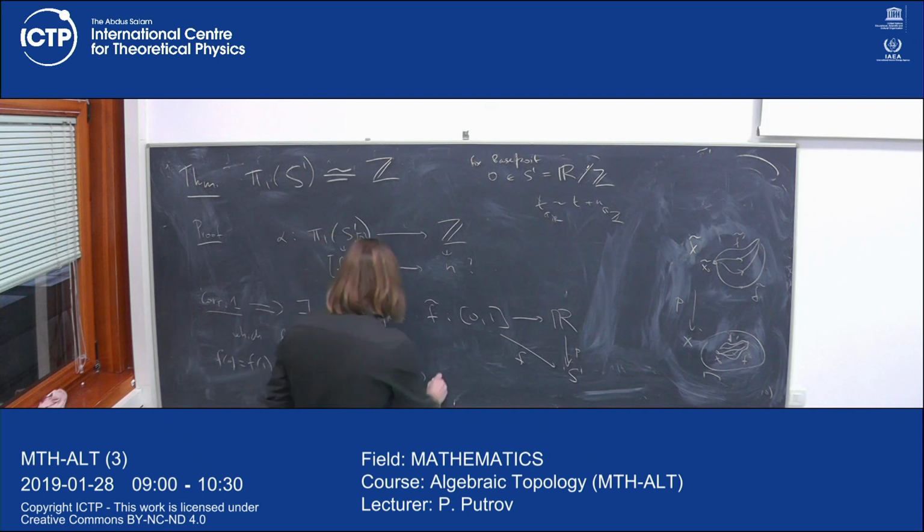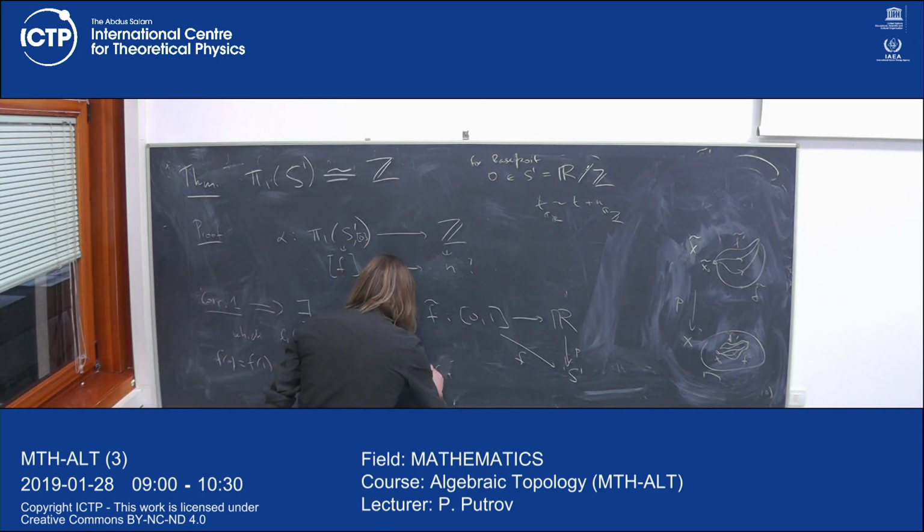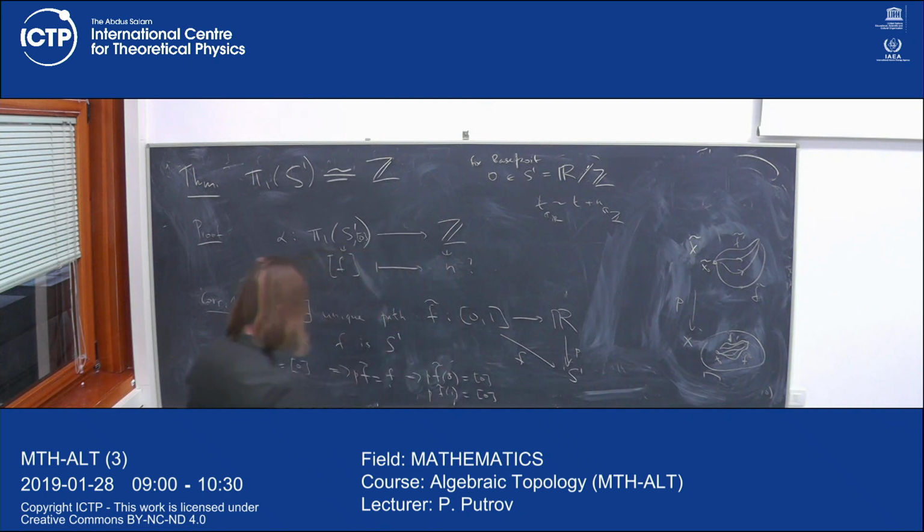And then it follows that p of f tilde 0 is 0, and p of f tilde 1 is also 0.